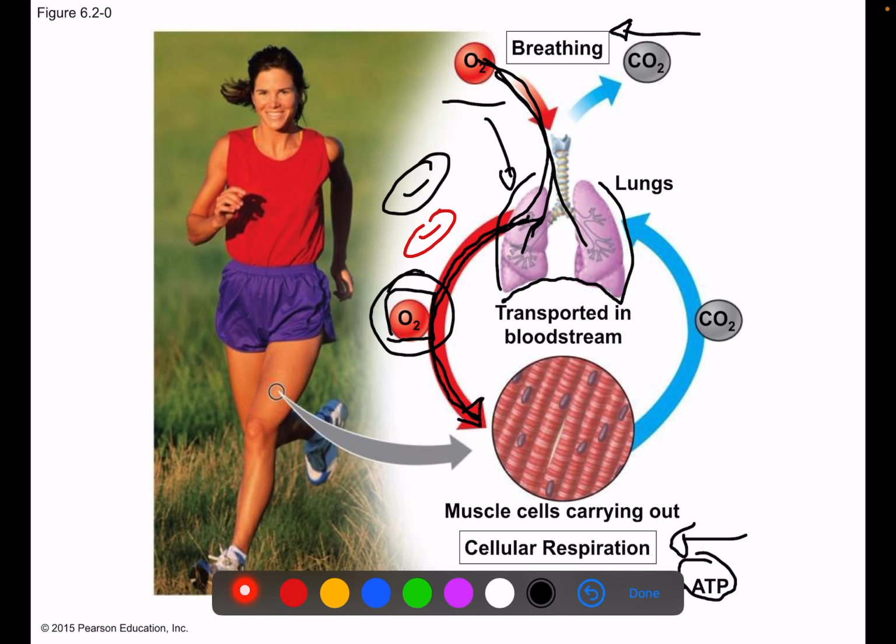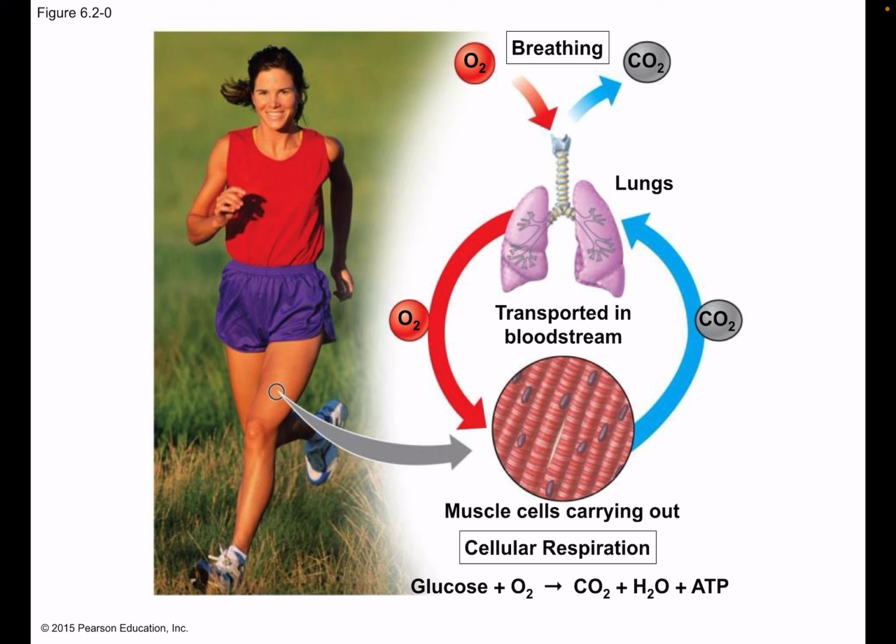So there's your glucose plus oxygen, giving you CO2, water, and ATP. The goal, again, is to see how we're taking sugars and oxygen to produce ATP. That's the overarching goal, and we're going to go over this in 3 broad steps.